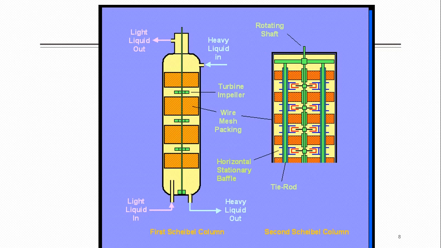So just look at this. These are the first and the second design of this Scheibel. So overall you can see in the first design, we have the column we have just seen here, that there is packing, and inside this there are some rotating elements, turbine impeller, and wire mesh. If some liquid wants to escape this turbulence, it will just try to move in this direction, through these free parts.